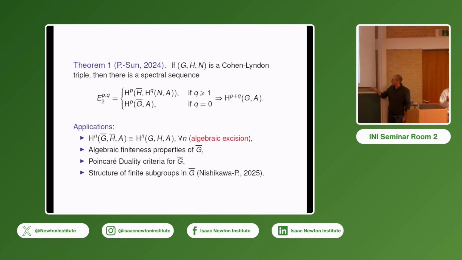And more recently, we realized that we can actually use this result together with a theorem of Serre, very surprisingly, a theorem of Serre that tells us the structure of finite subgroups in G bar whenever we have the Cohen-Lyndon property. So for instance, when you have a one-relator group, you know where the finite subgroups come from. They come from whenever you have a relation which is a proper power.